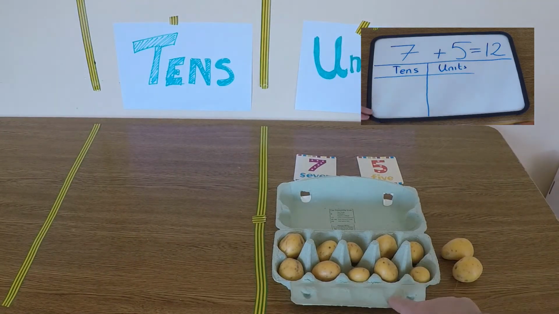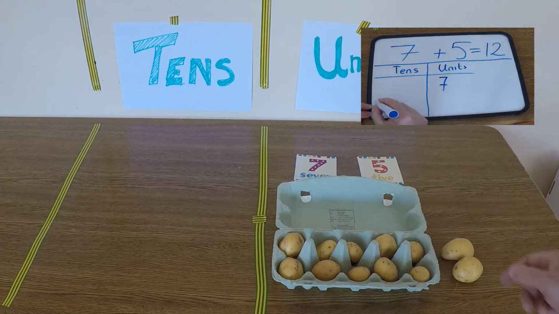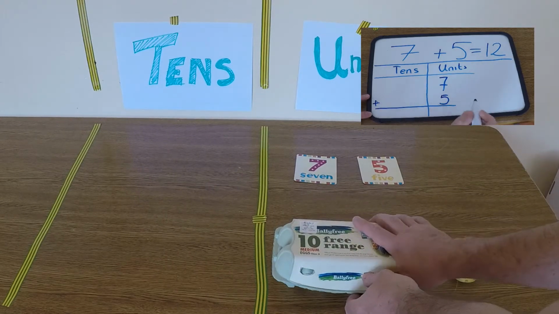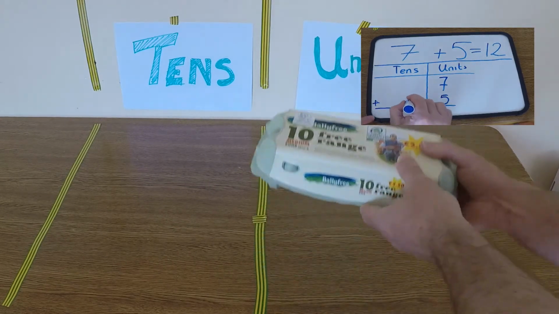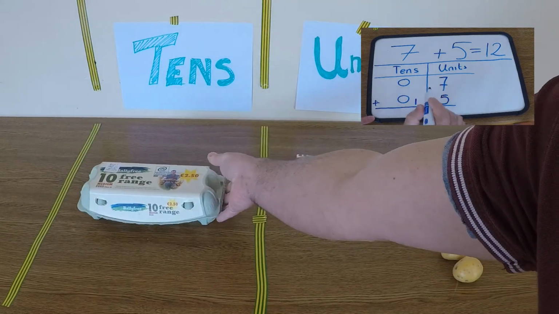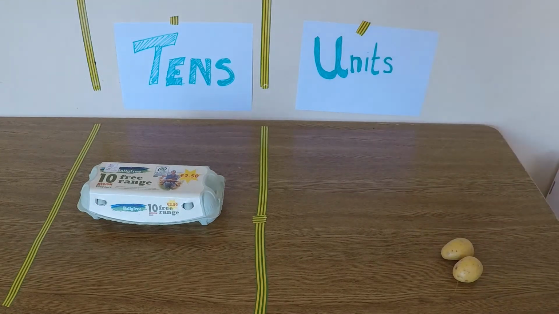We have an egg carton here which is filled with 10 eggs. So what we can do now is close this carton because it's a full carton. It has 10 eggs, but it is one full carton. And we can place this here in the tens column. So let's take away these 7 and 5 because we know now that 7 and 5 is 12.